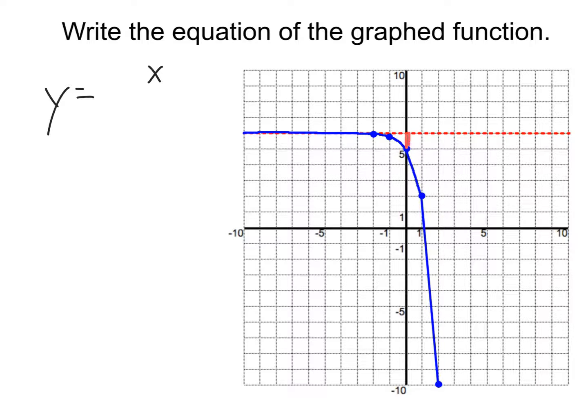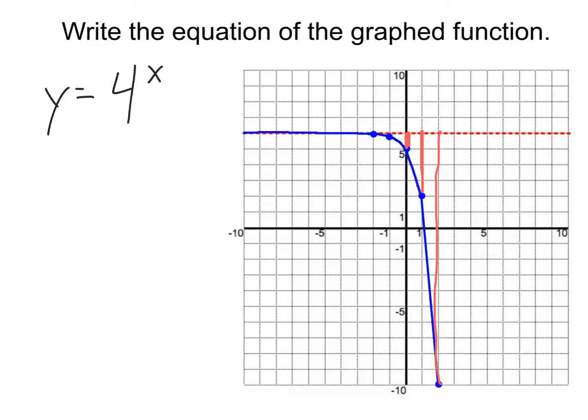Well, notice here I'm 1 away. The next point over is 4 away. The next point after that, that's down a long ways. That's down 16. So what am I multiplying by each time? By 4. That tells me it's got to be a 4 to the x.